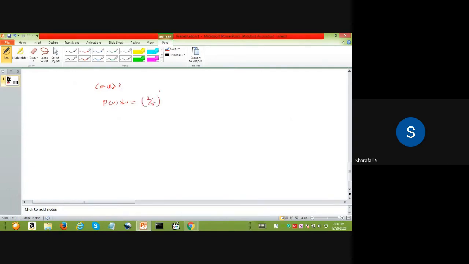This is given by 2 by pi raised to 1 by 2, m by kT all raised to 3 by 2, then the v squared term, then e raised to minus half m v squared by kT. This is the Maxwell distribution for velocity, for particles with velocity between v and v plus dv.